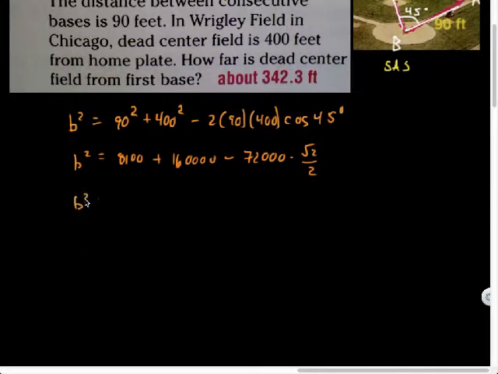Why not? Because if you're sitting in the dugout trying to calculate this stuff, you might not have a calculator on you. You probably can only draw on dirt with your baseball bat, and you're trying to figure this stuff out. So let's see. 8100 plus 160,000. I'm really worried about my zeros here. How many zeros? 4 zeros. I already messed up.